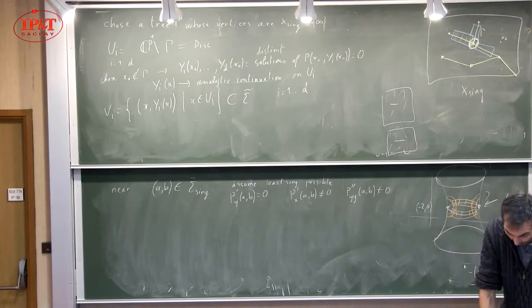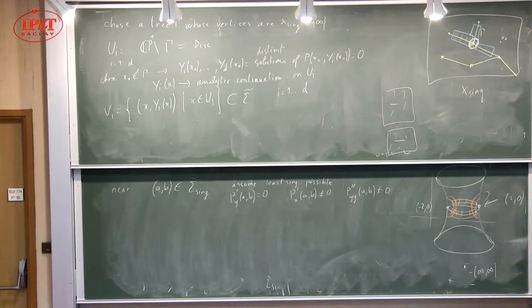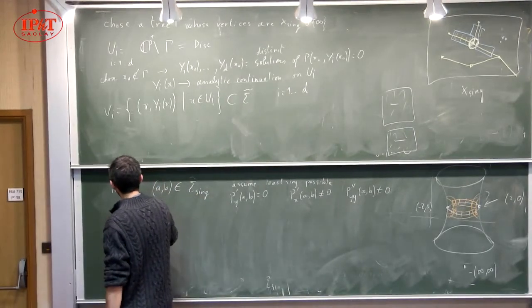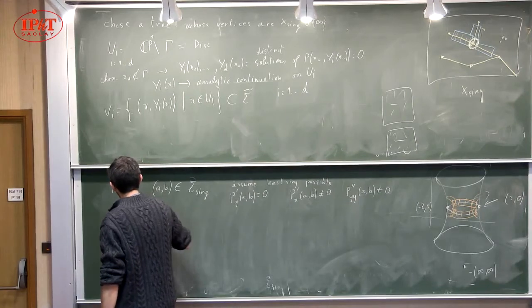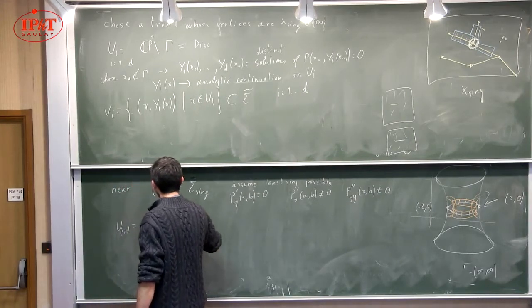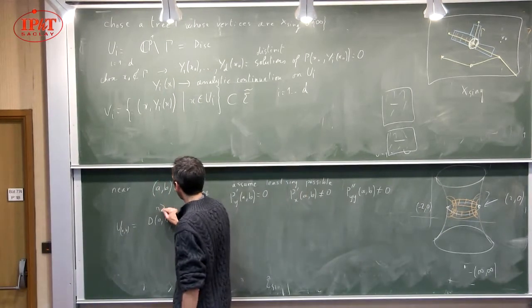And you can choose a neighborhood, a local coordinate. So you should choose U_AB, which will be a small disk D(0, r) with r positive.